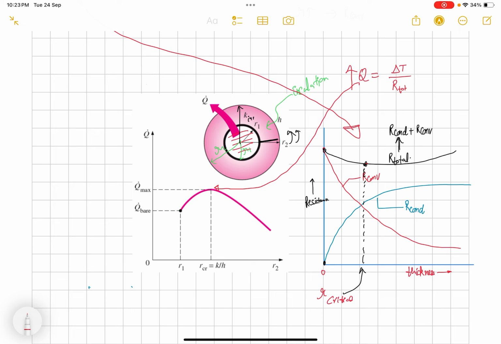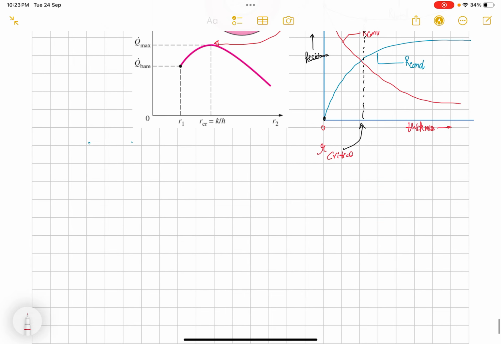So always remember that RC is the radius at which total resistance is minimum and heat loss is maximum. So let me put that in a point.